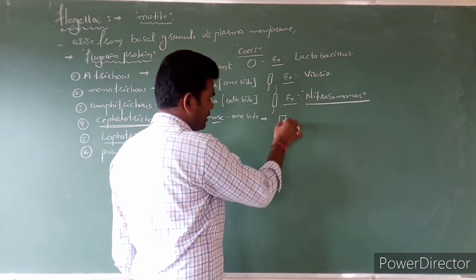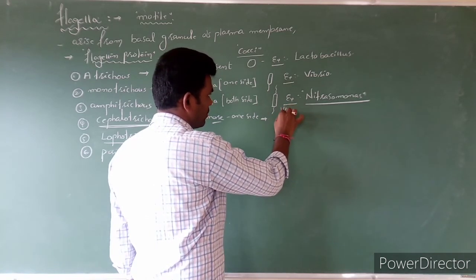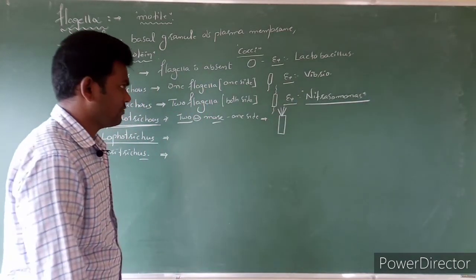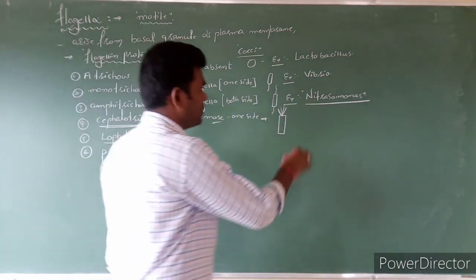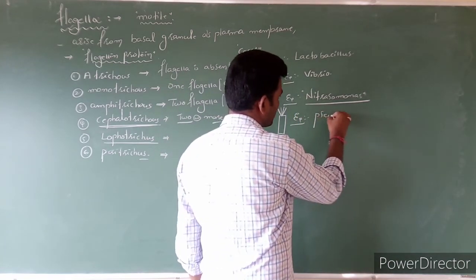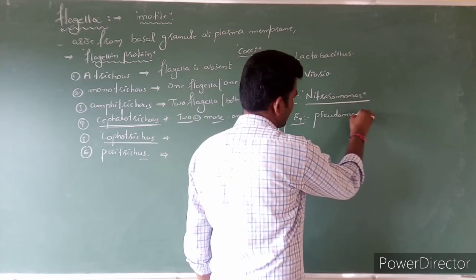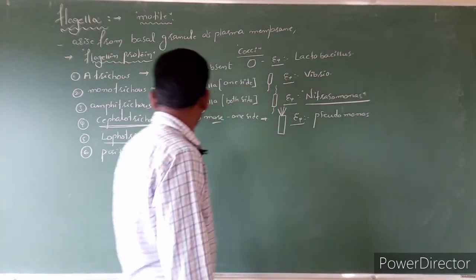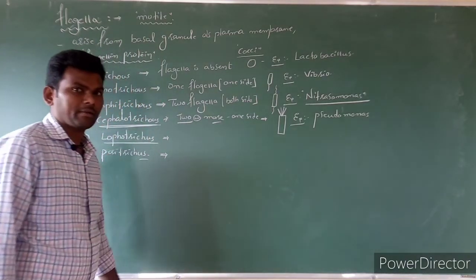This is a bacteria, and from only one side it contains two, three, four flagella. Example is Pseudomonas. Pseudomonas is an example for Cephalotrichous bacteria.